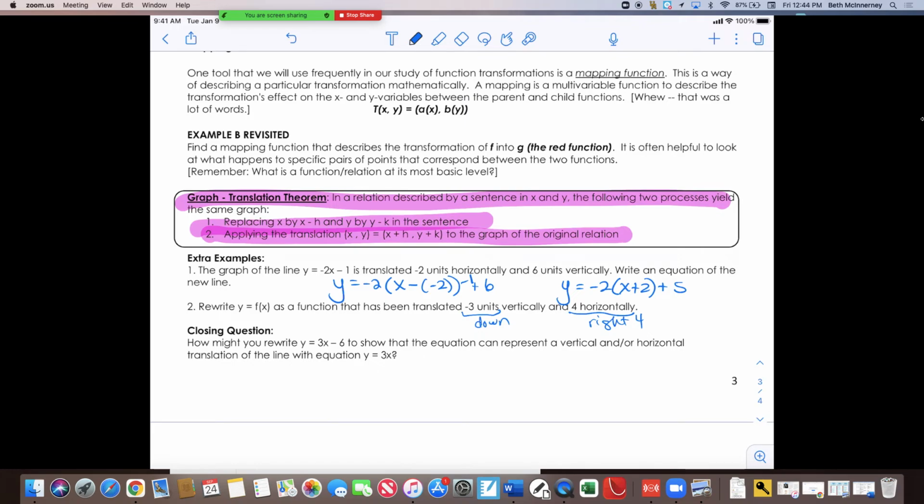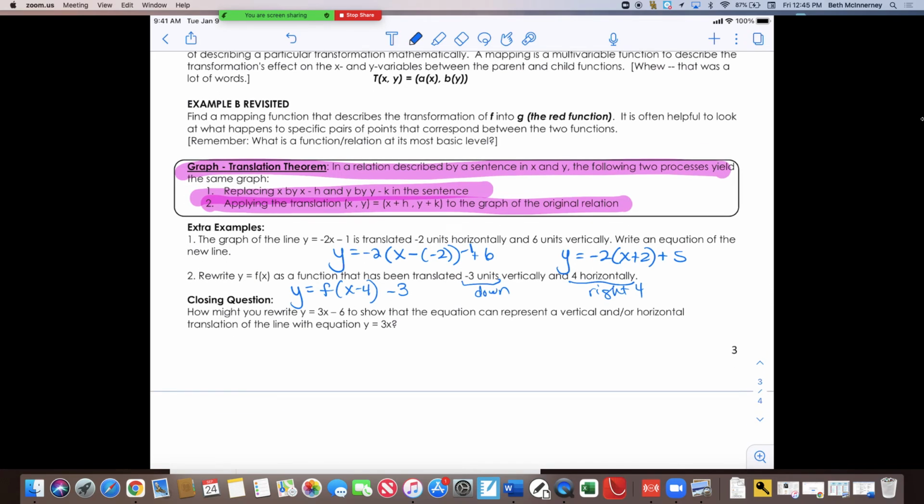This will be f of x minus 4, minus 3. Do you see the difference between problem 1 and problem 2? In problem 1, I'm just replacing x with x minus the shift and then plus k. And when you do the function notation, it's x minus that h value.